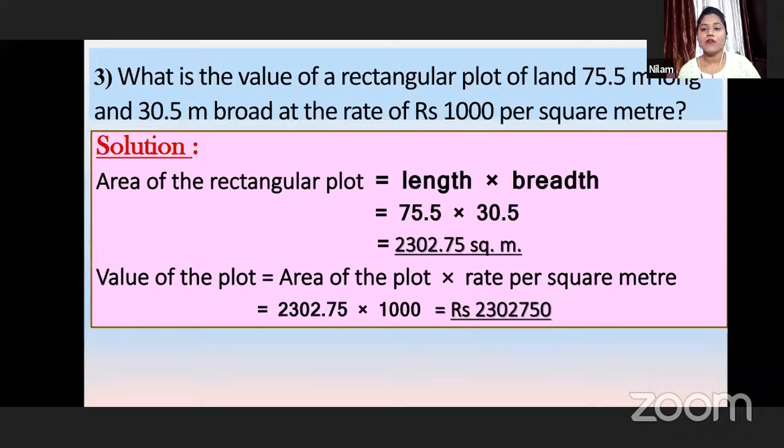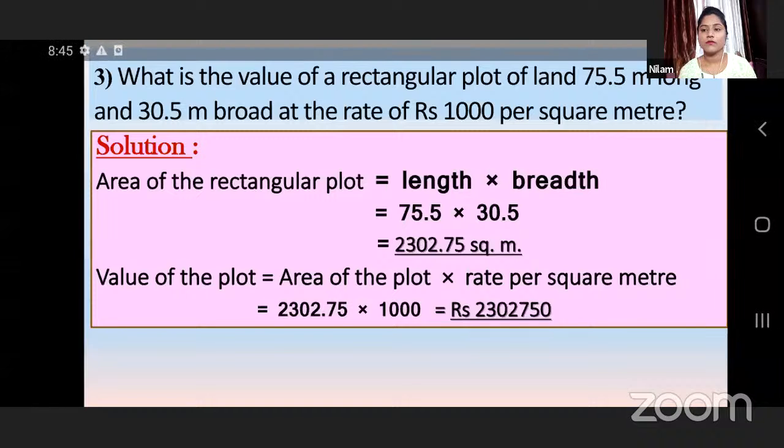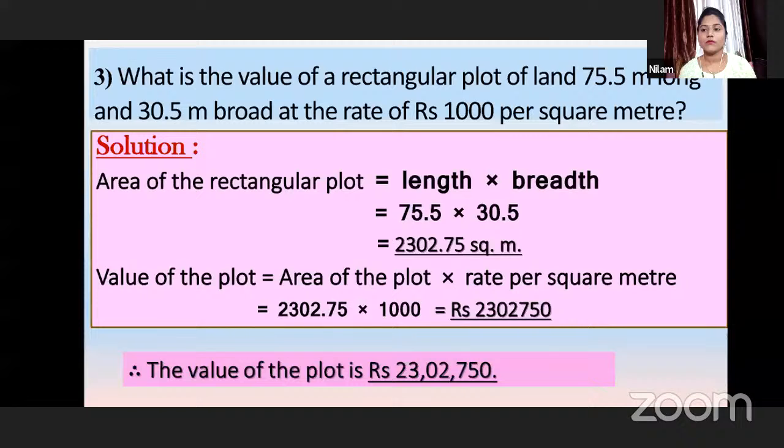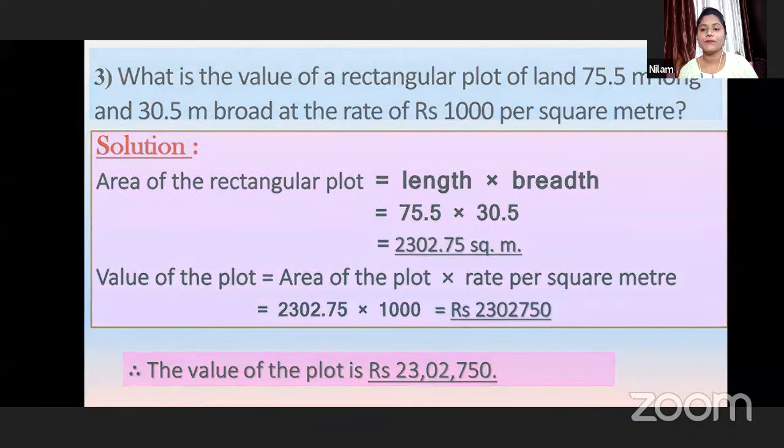See, the area was 2302.75 and the cost per square meter was 1000. So multiplying the area by cost, we will get the total cost of the rectangular plot. Okay. So the total value of the plot is 2,302,750.